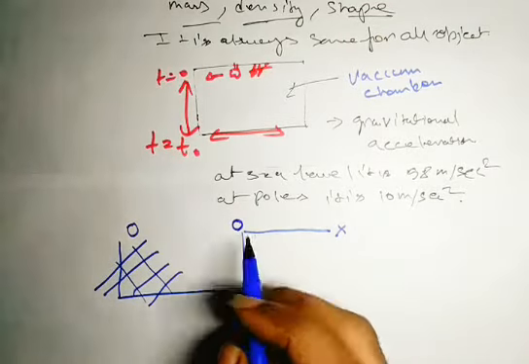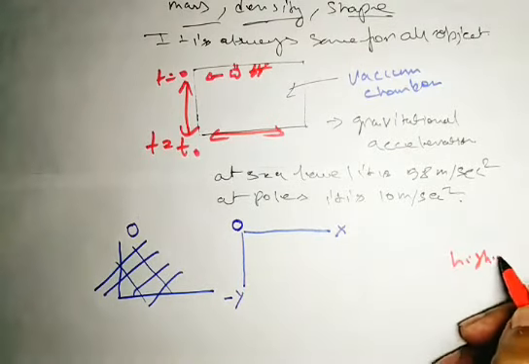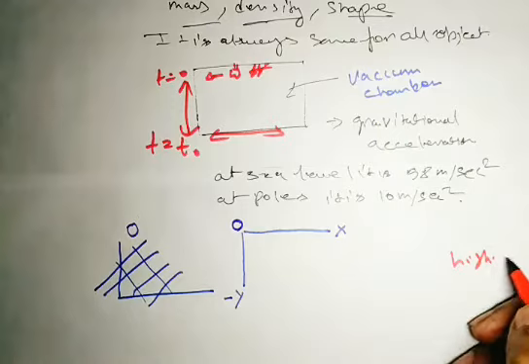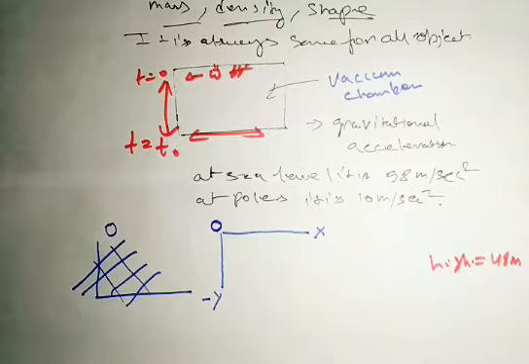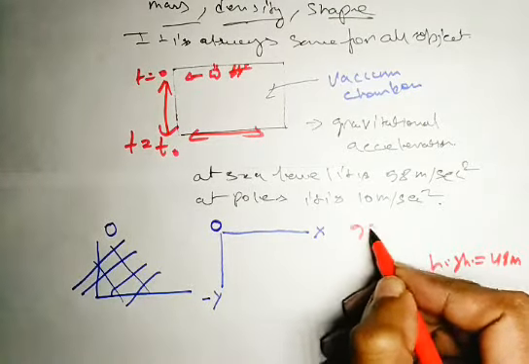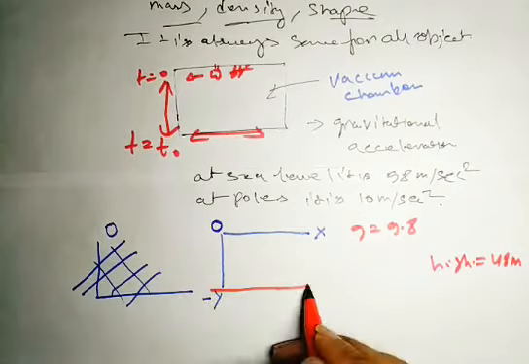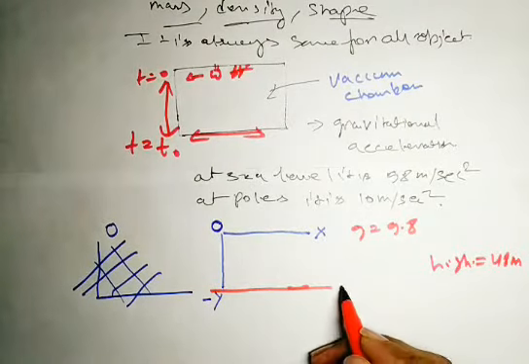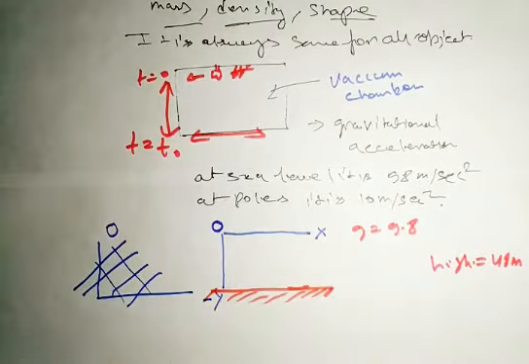The object is at a height of 48 meter, and what is the acceleration due to gravity? g equal to 9.8, and it is falling downwards until touching the ground.